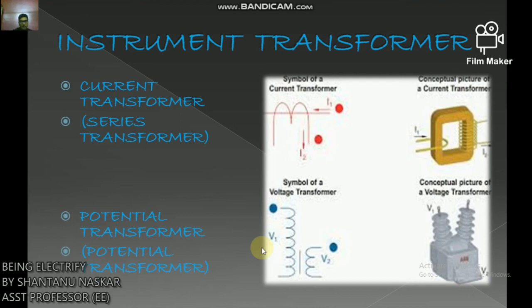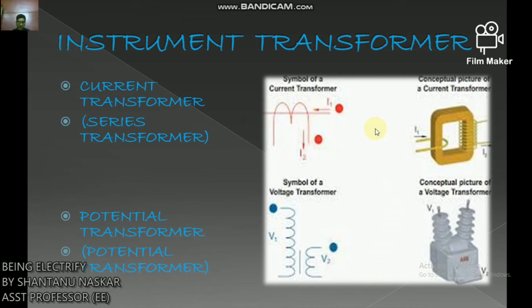Some differences of CT versus PT, which is very important: the range of CT is 1 ampere to 5 ampere and of PT is 120 volt. The transformer ratio is high for CT and low for PT.